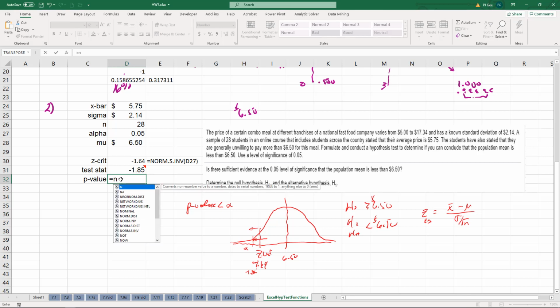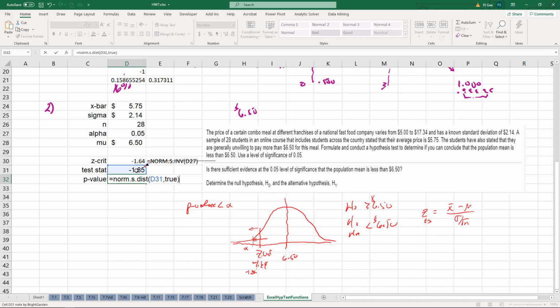It's equal to NORM.S.DIST. Now remember, with NORM.DIST you need to put all the parameters in. Here we want to give it the test statistic, and it gives the probability associated with that. We have to put in true for cumulative, and I'm going to punch in a couple more decimal places.